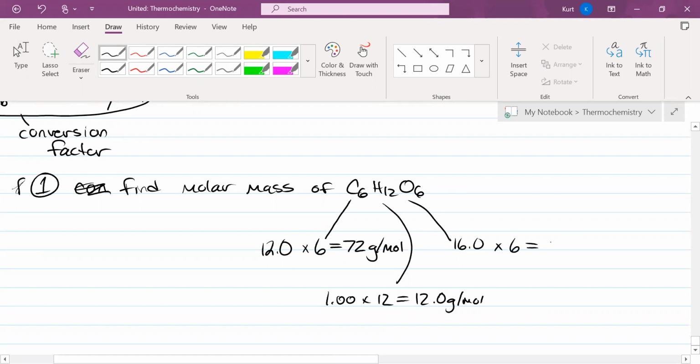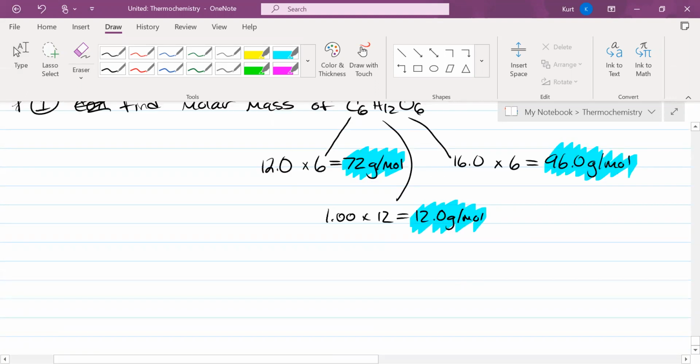So what is 16 times 6? 96.0 grams per mole. So then you have to add those values up. What is 72 plus 12 plus 96? 180. C6H12O6 equals 180 grams per mole.